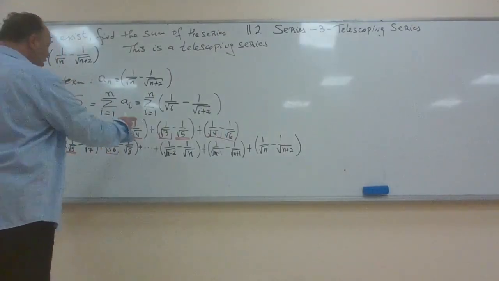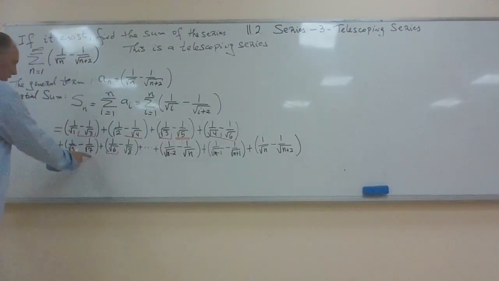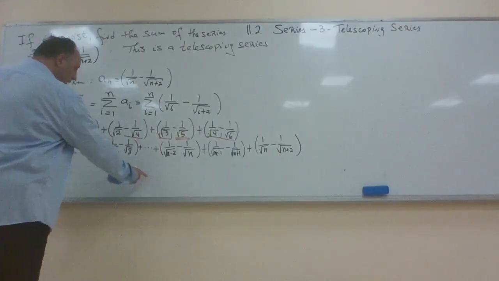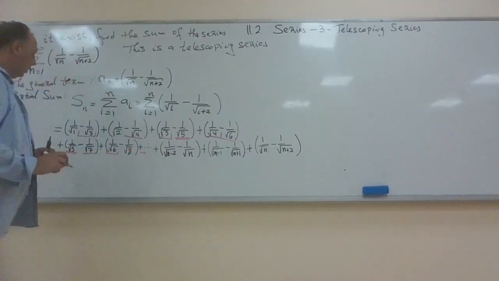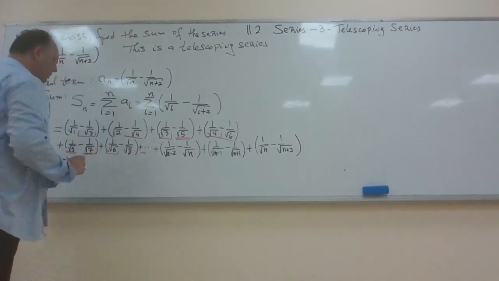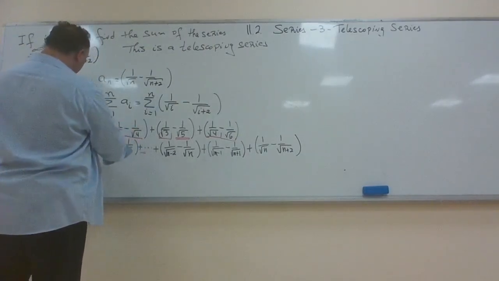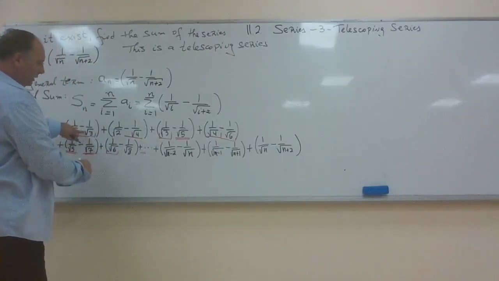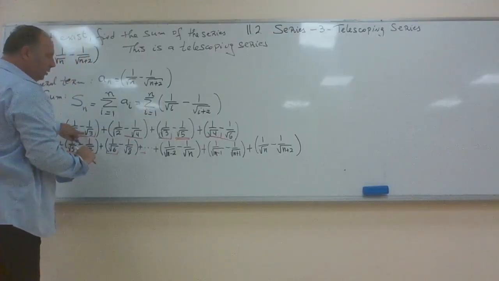So you see we are actually jumping one term. So this guy will be cancelled by something here. Okay? That way we see that what's happening is this negative is cancelled not here, but on the second bracket.